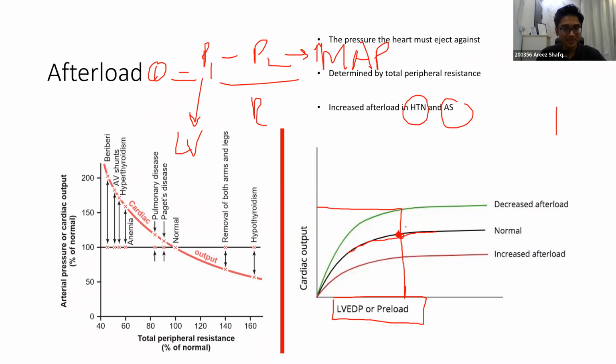Okay. So decreased afterload will cause an increase in cardiac output by shifting the Frank Starling curve to the left. An increase in afterload will shift the curve to the right to decrease cardiac output for the same preload. Because preload is not changing, this is not Frank Starling. Does this make sense?